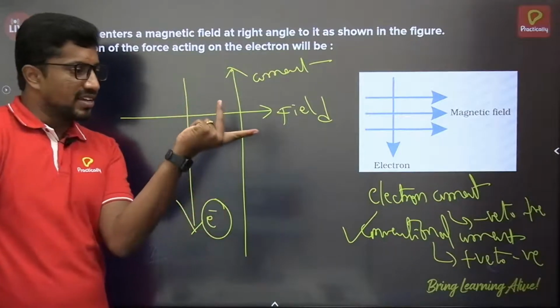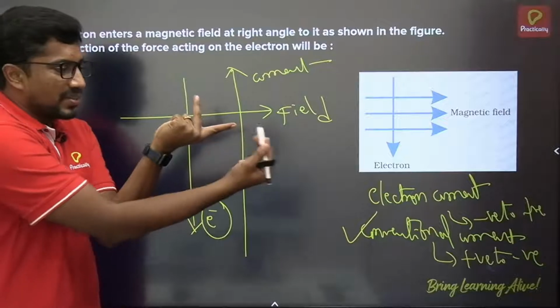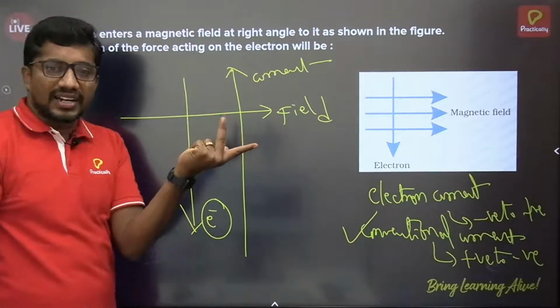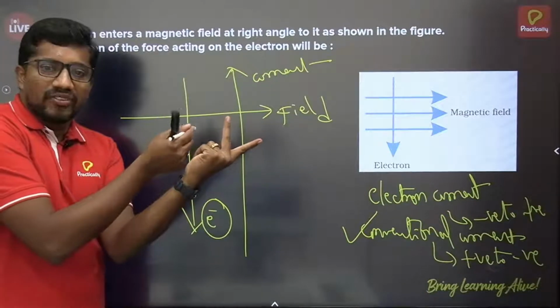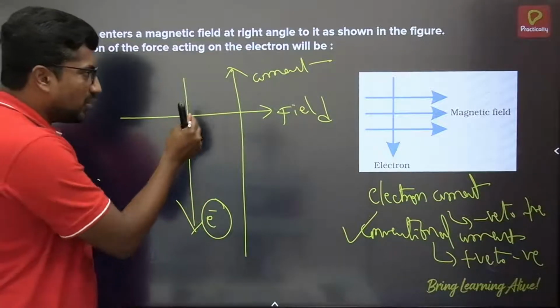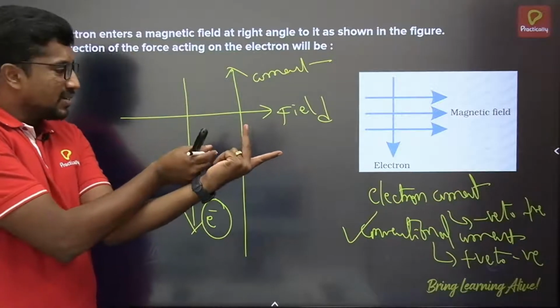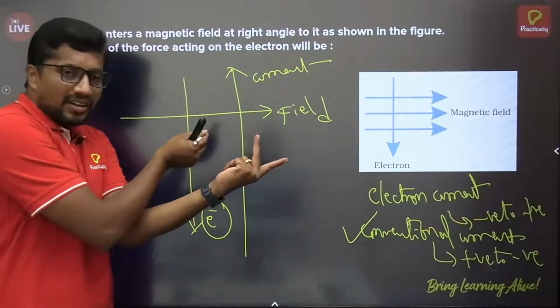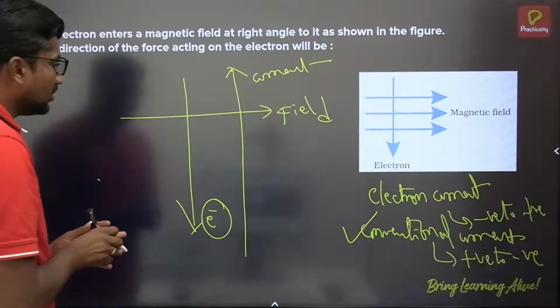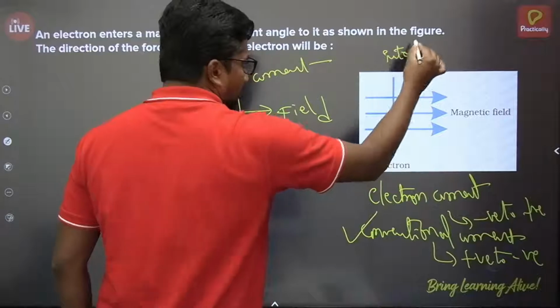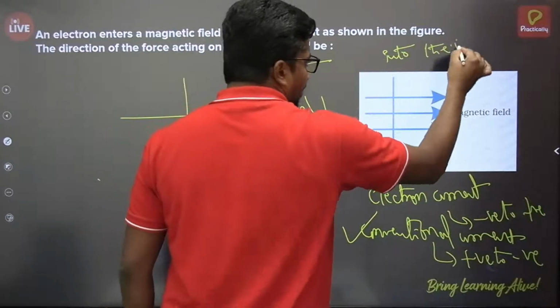This now represents field direction, this represents current direction. And my thumb is pointed into this plane. That means into it. So I can say in this case, into the page or into the plane.